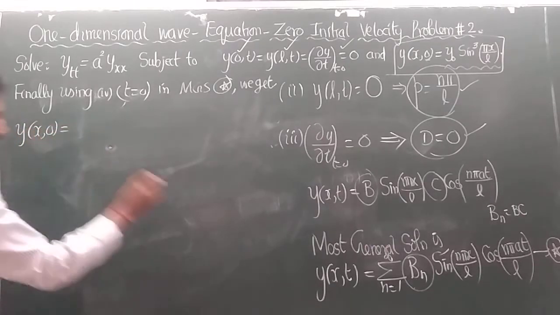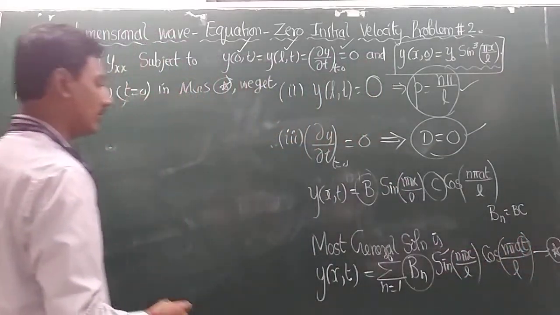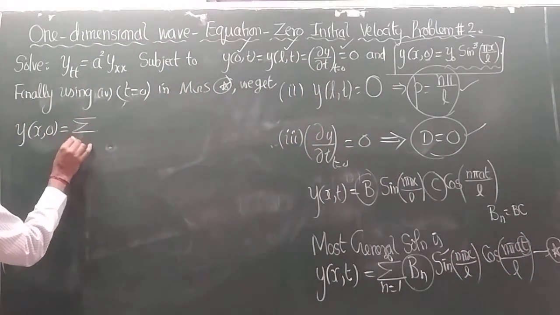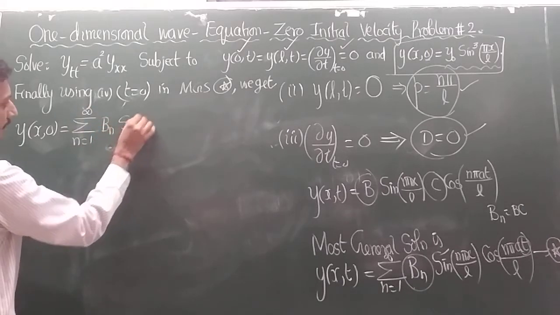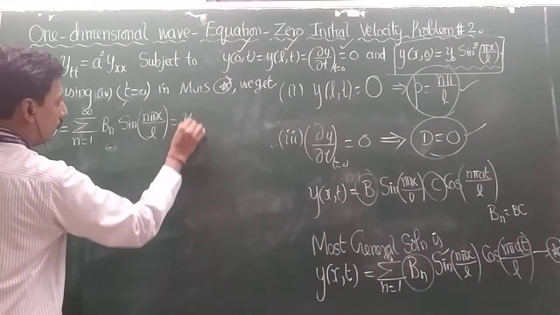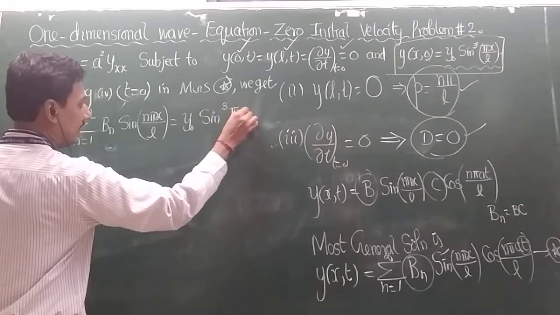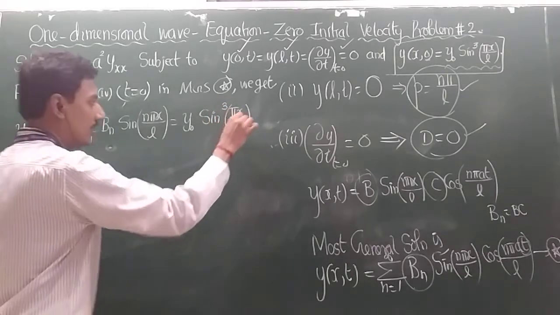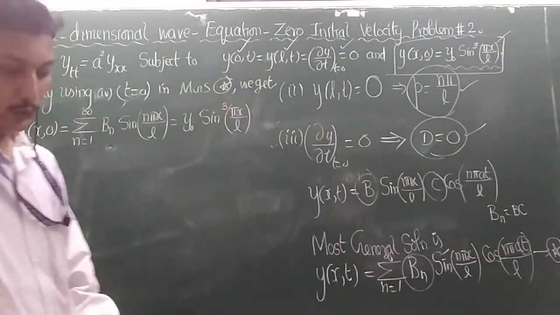By putting t equal to 0, this becomes cos 0, which is 1. Sigma n equal to 1 to infinity, Bn sin n pi x by L is equal to y naught sine cube pi x by L. This is the given initial displacement function.